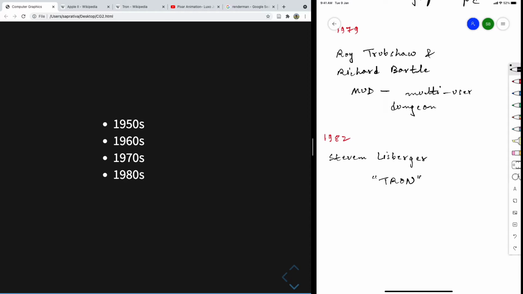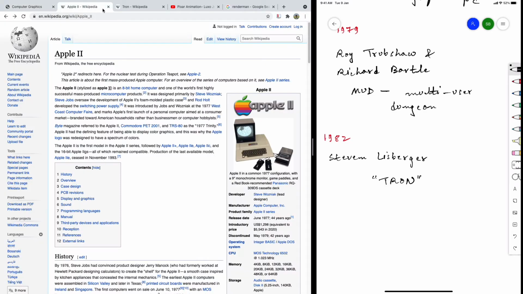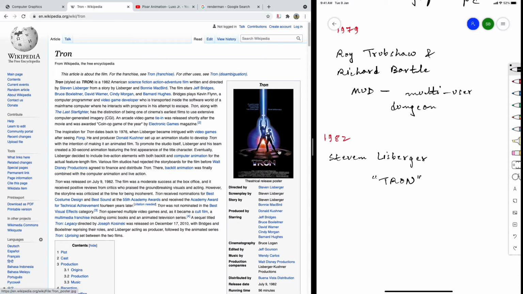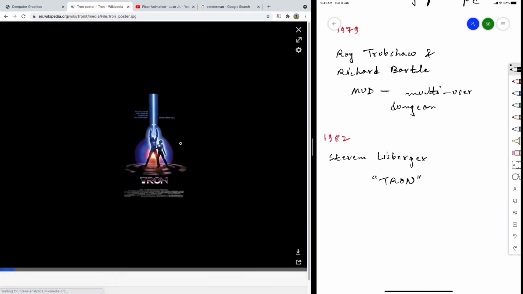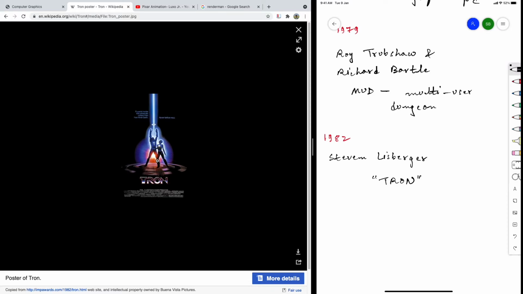This was the first Disney movie which made extensive use of 3D computer graphics. So this is the first 3D computer graphics movie called Tron.